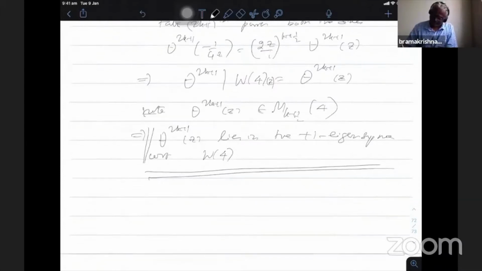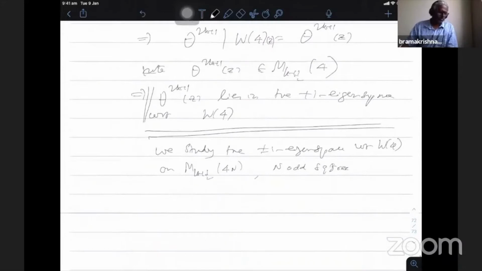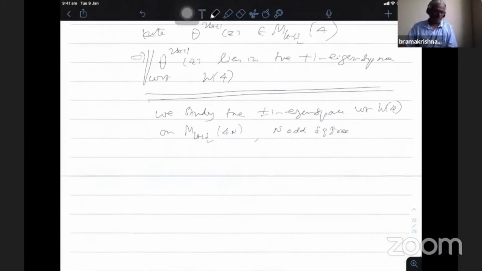So we study the plus minus 1 eigenspace with respect to W4 on M_{k+1/2}(4n), where n is odd and square free. We'll come to the definition a little later.